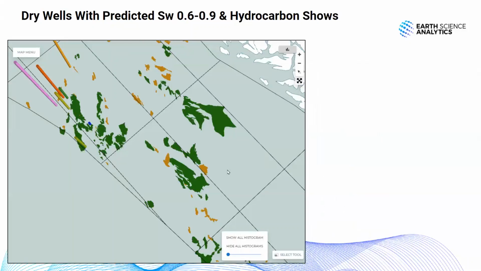Another thing we can do, of course, is look at dry wells with water saturation between 0.6 and 0.9. So this is not pay in itself, it's basically a smoking gun. And so we can extract that information, and you can see the wells that we identified here.